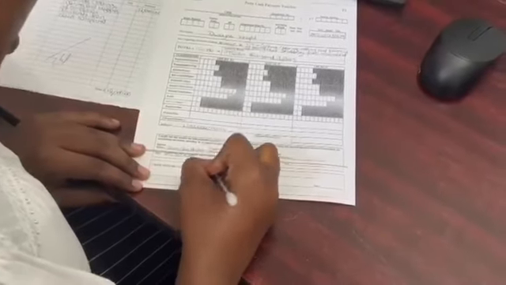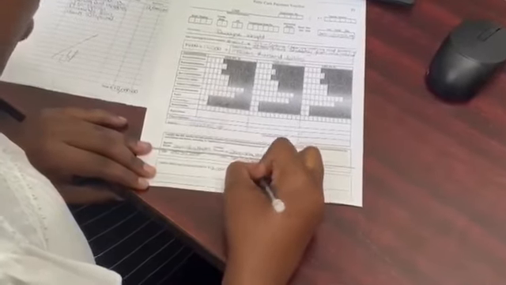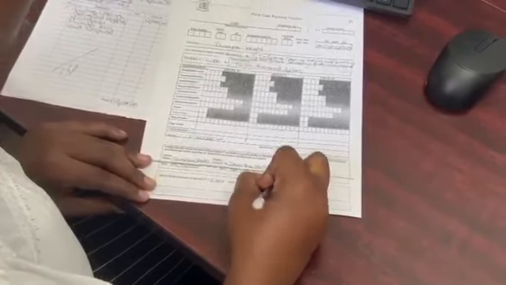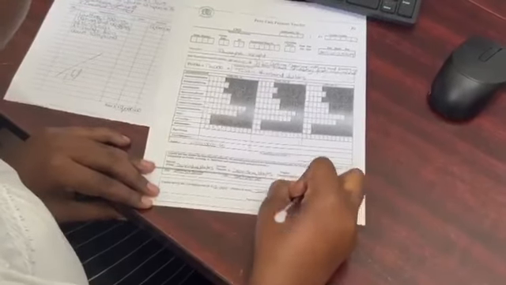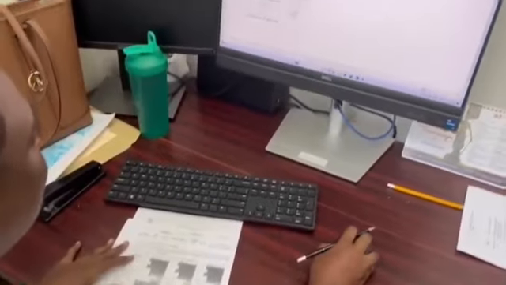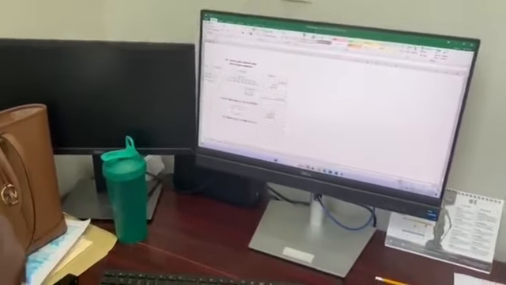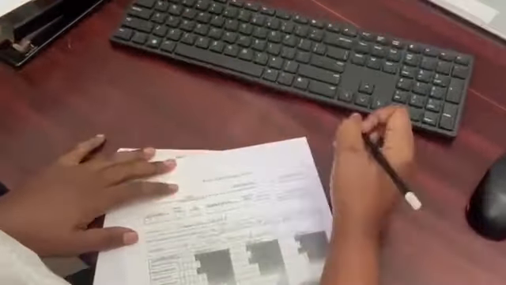Now here we're going to put the sum again, $12,000 in words. The voucher number should be voucher number 3.